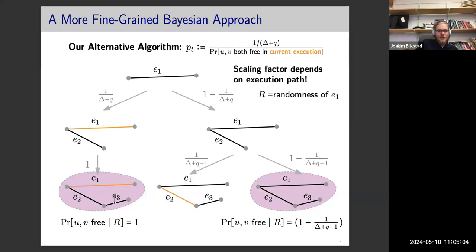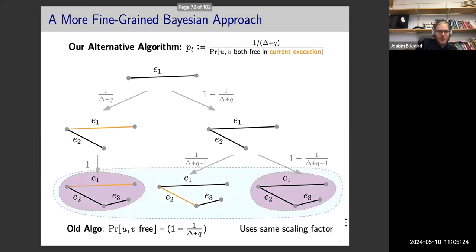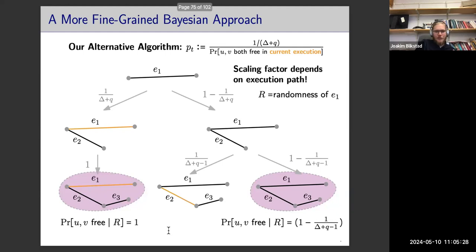So there's no need to scale up E3 at all. So the scaling factor here, if you condition on the edge E1 being matched, the probability of both these vertices being free is exactly 1, right? On the other hand, on this branch, you condition on E1 not being free, and here you get slightly higher scaling factors. So if you compare them, here we used this scaling factor for both. Now in the new algorithm, we use different scaling factors. One is larger, one is smaller.